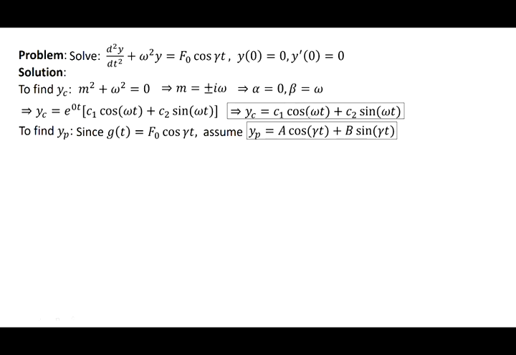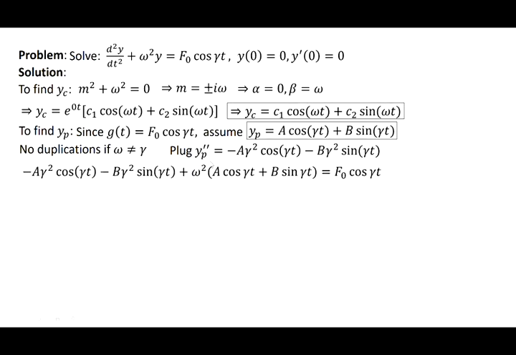If gamma equals omega, there's a duplication and we do a certain other method. In fact, I think I have it worked out in the next problem, where we will see gamma equals omega and see what the solution turns out to be. And for the other case, gamma is not equal to omega, which means there is no duplication. Let's pick that one. Again, figure out yp prime and yp double prime and all of this stuff. And it's a tad messier.